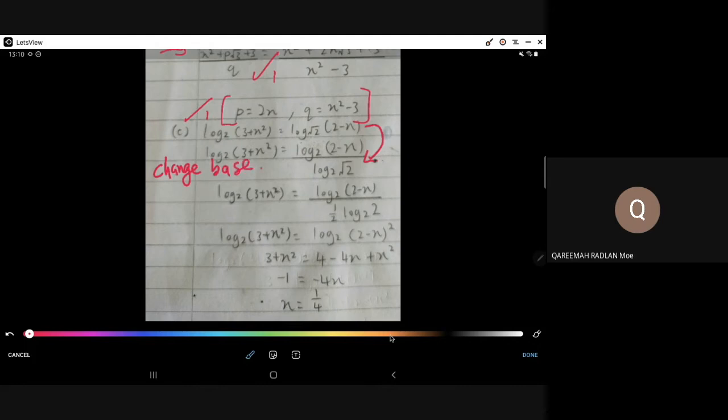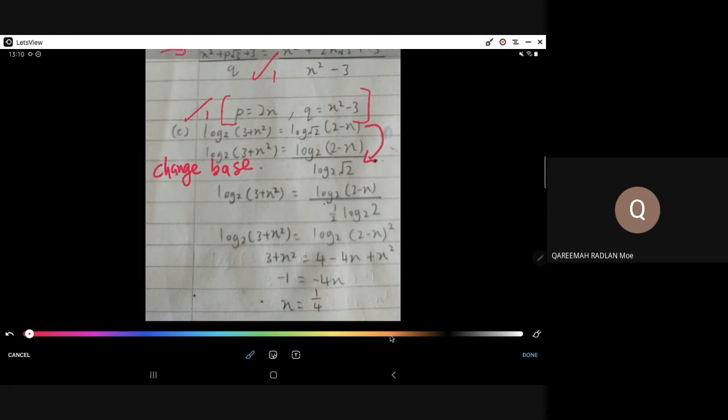And then you'll get equal to log 2 and then 2 minus x, the bracket. And then the log 2 square root 2 is equal to 1 over 2. So if you bring it up, it will be times 2.